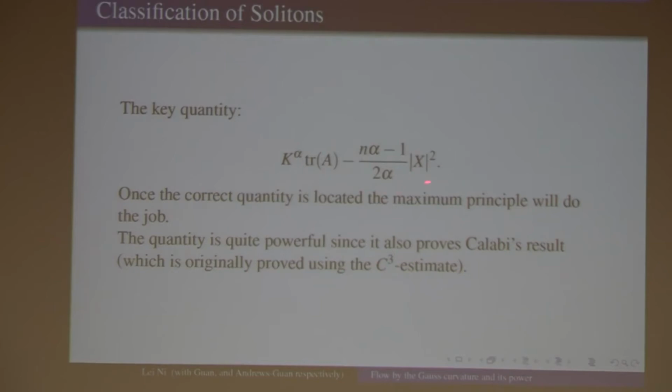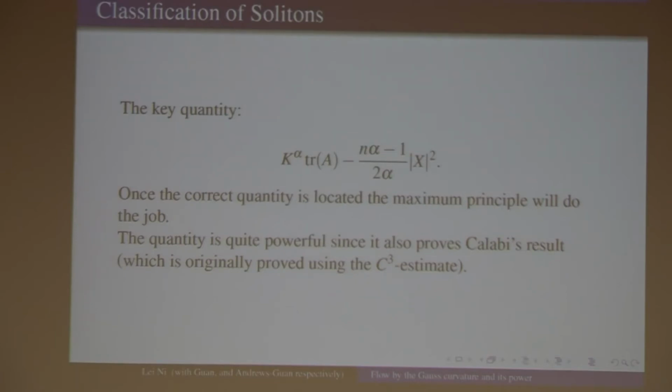In fact, in our first paper, we computed the evolution equations of these too, but we didn't know how to use them. It turns out you have to use the combination of them. It's not that each one of them works on its own. You have to put them together. That's a pretty tricky part. I guess you probably have to ask the authors to get a better understanding of it.